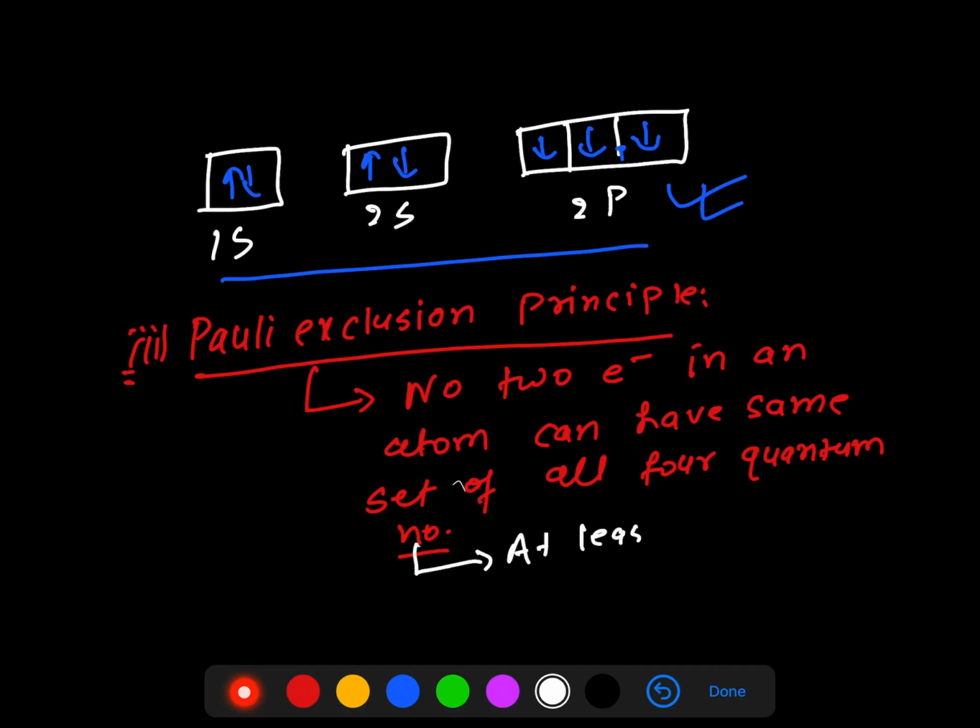At least one of the quantum numbers must be different. Let's try to understand this.